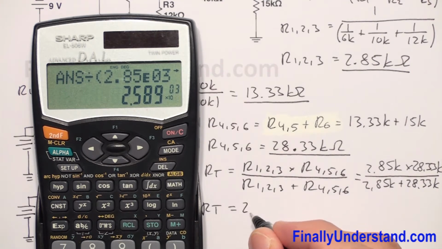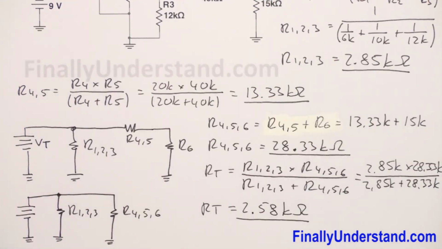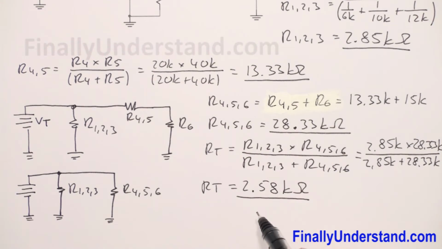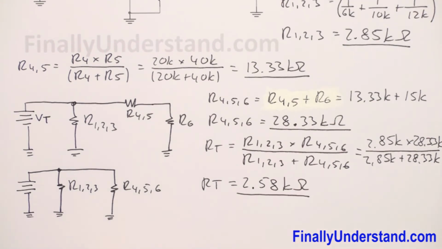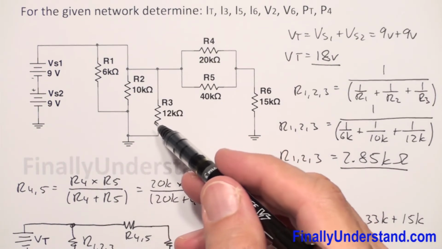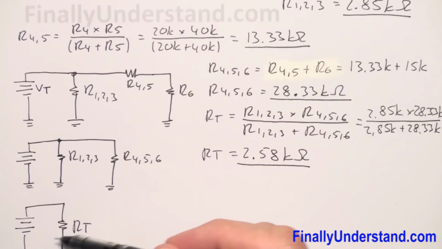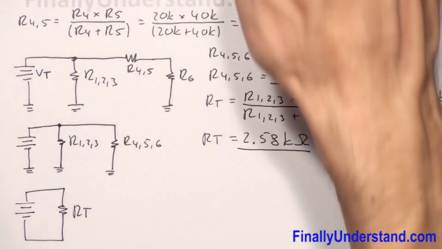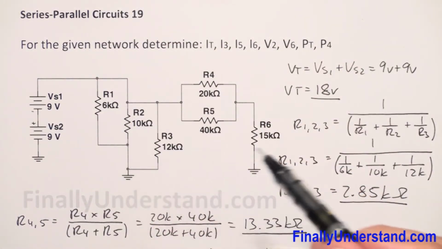This is 2.58 kilo ohms. Okay, so this is my total resistance. And if you want to redraw the circuit, it is going to look like this. I have voltage source, and this is my total resistance. Okay, so this is the equivalent circuit to the big one. It means that this circuit can replace this one.